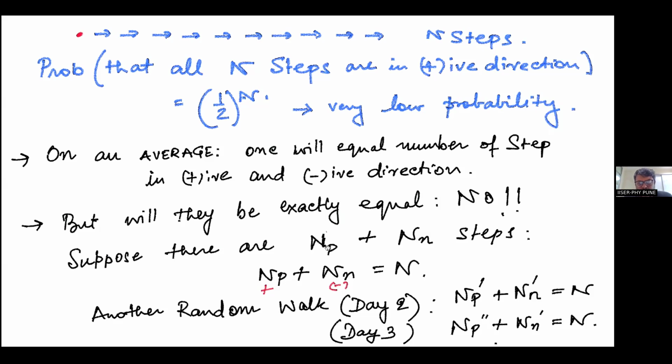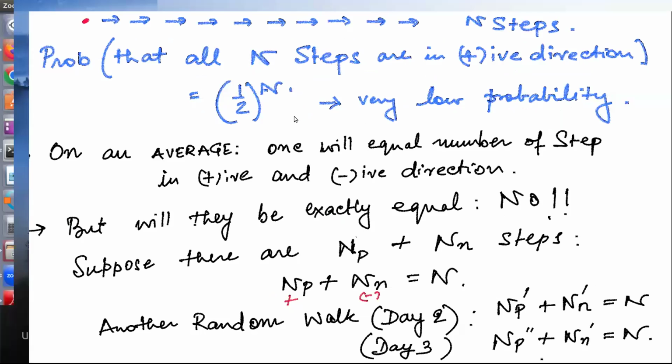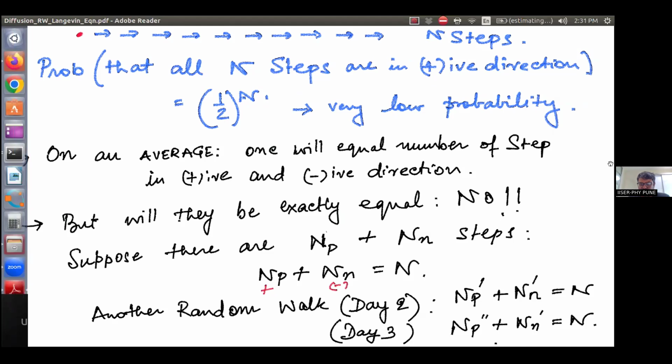Suppose NP is the number of positive steps to the right, and NN is the number of negative steps to the left. The total is constant, suppose N. But each day you will essentially have a different number. So on one day, suppose NP is 47 and NN is 53.